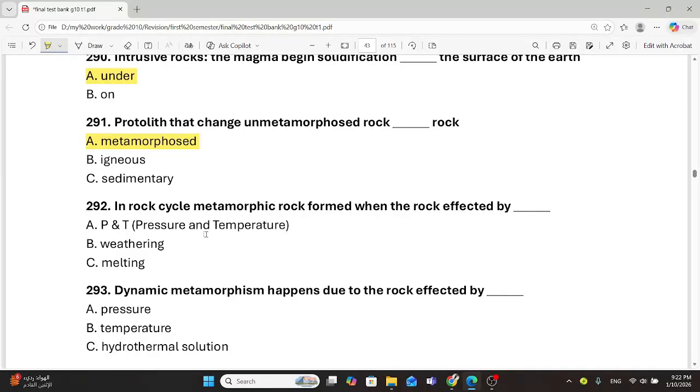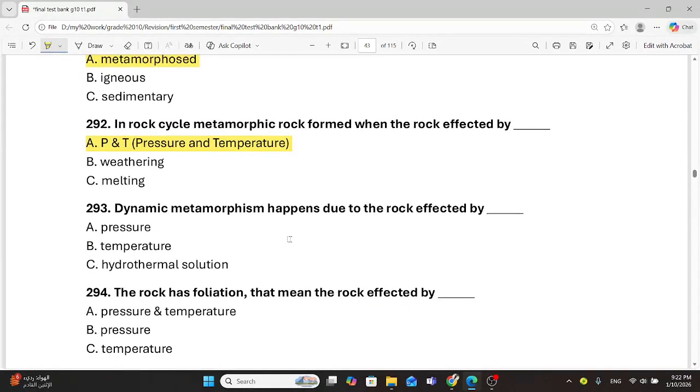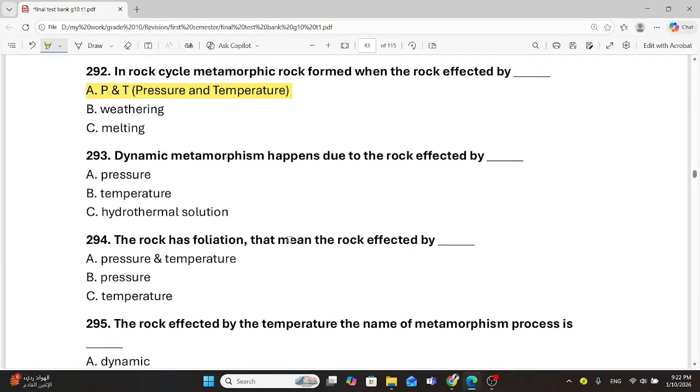In the rock cycle, metamorphic rock forms when the rock is affected by pressure and temperature. Dynamic metamorphism happens when the rock is affected by pressure. Pressure, dynamic pressure.